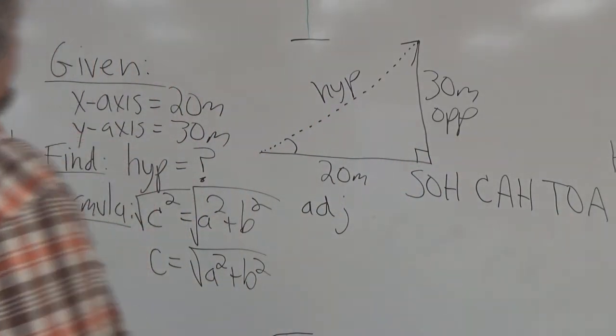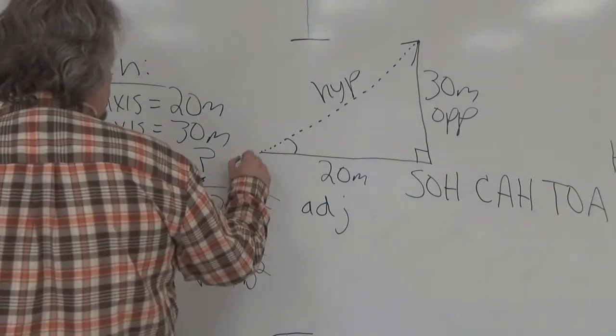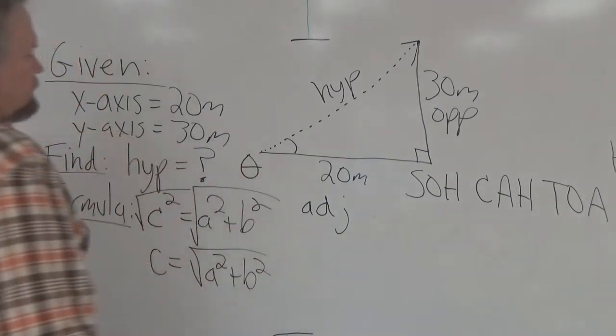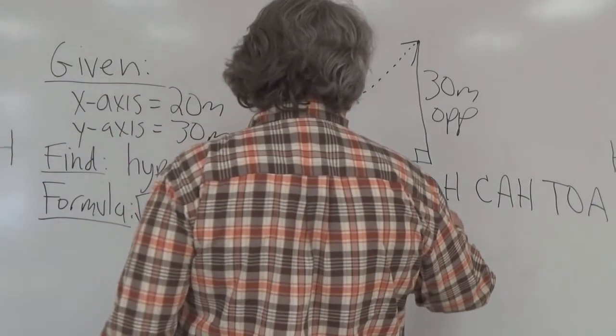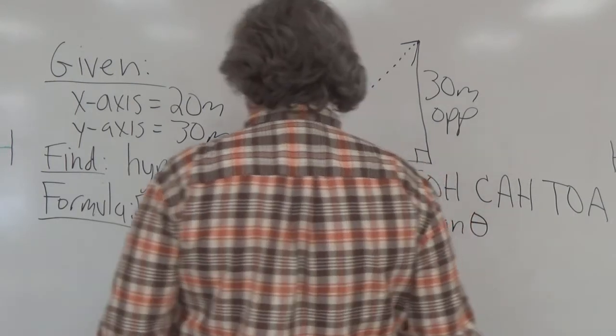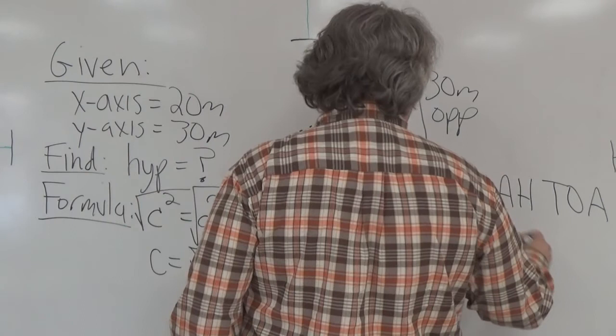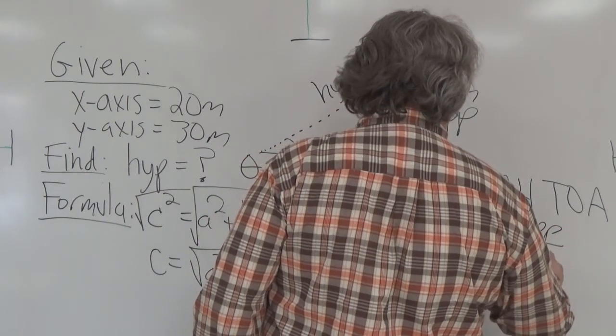So, to find the angle, let's just put this in here for find. We want the angle also. We're going to use tangent. So, here's the formula. Tangent angle equals opposite over adjacent.